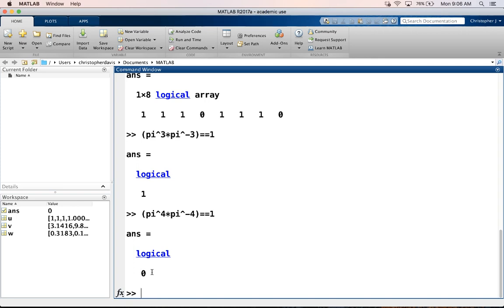And what's the reason behind this? The reason is that MATLAB does everything with a certain fixed amount of numerical precision, and so we should never expect a number like pi, do some arithmetic to it, to be exactly equal to some other number. The reason is that there is some certain fixed amount of rounding that is happening in MATLAB.